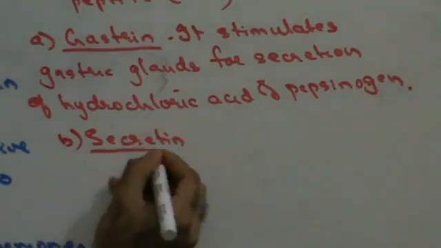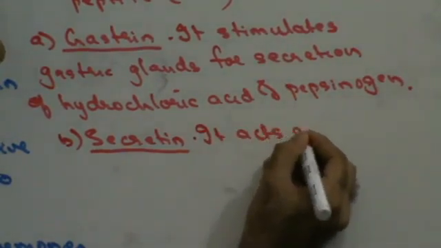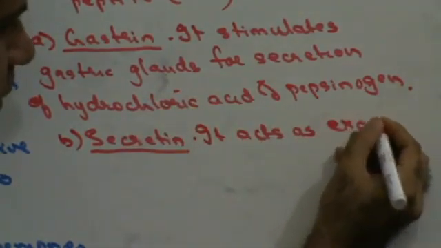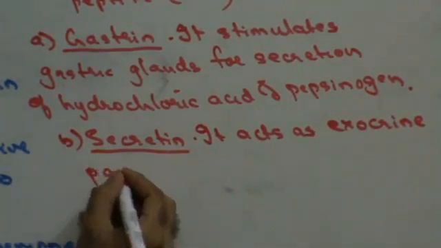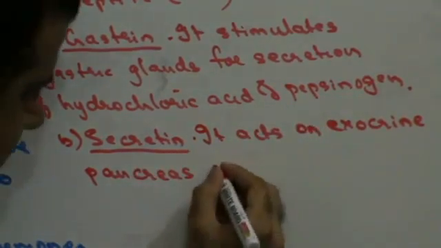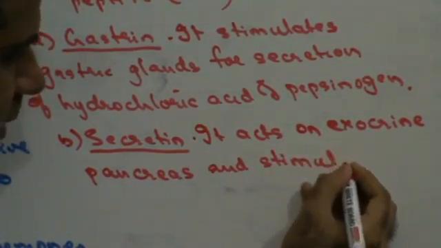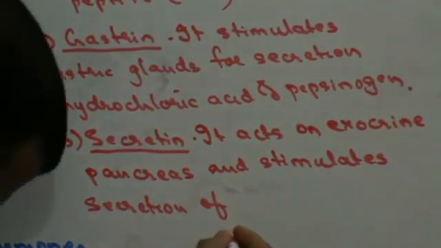Next, secretin. What does secretin do? Secretin acts on the exocrine pancreas and stimulates the secretion of water and bicarbonate ions.